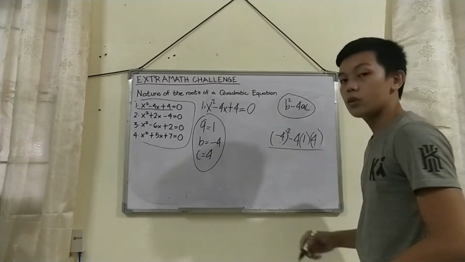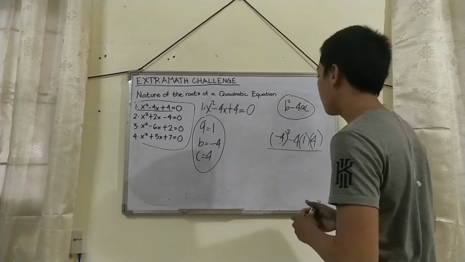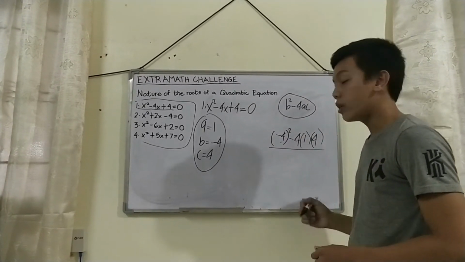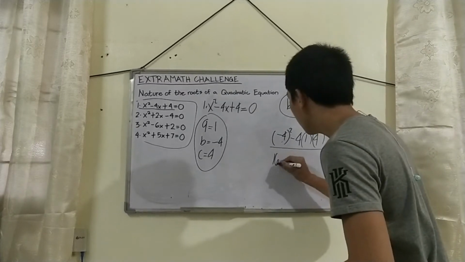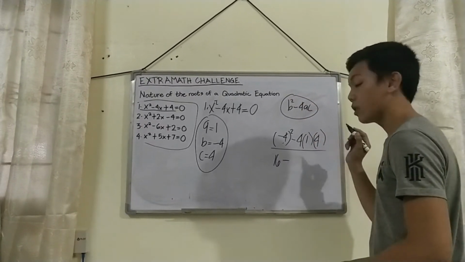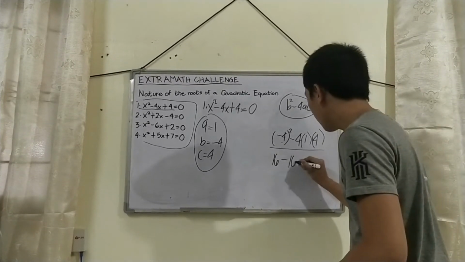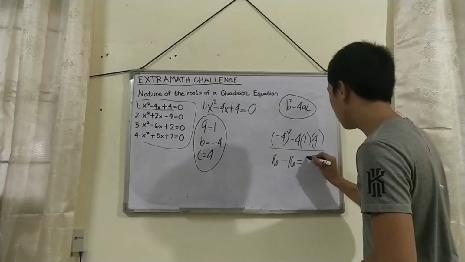Now we're going to solve this expression. Negative 4 squared, or negative 4 times negative 4, is equal to 16, minus 4 times 1 times 4 is equal to 16. So 16 minus 16 is equal to 0.